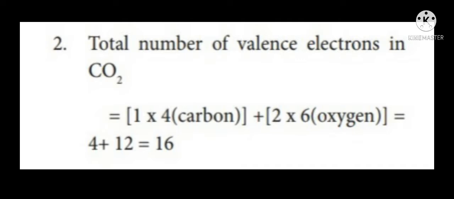Next, in 2 into 6, the 2 is the number of oxygen, where 6 is the number of valence electrons in oxygen. Therefore, 1 into 4 plus 2 into 6 is equal to 16. Therefore, the total number of valence electrons is 16.